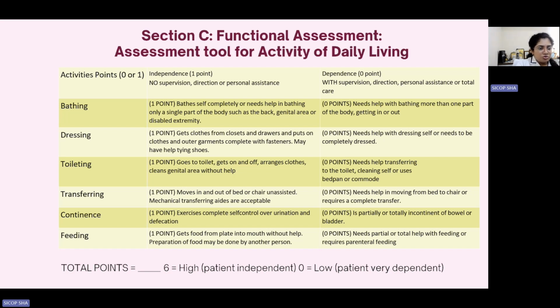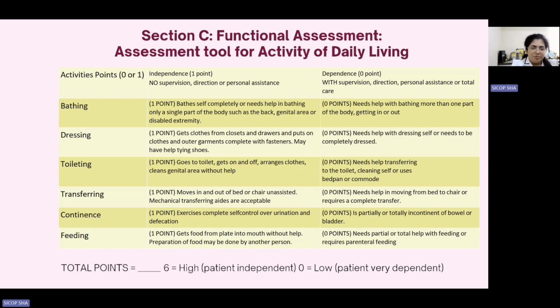Toileting, 1 point if they go to the toilet, get on and off, arrange clothes and clean the genital area without help. If they need help transferring to the toilet or cleaning themselves, or use a bedpan or commode, they are marked 0.